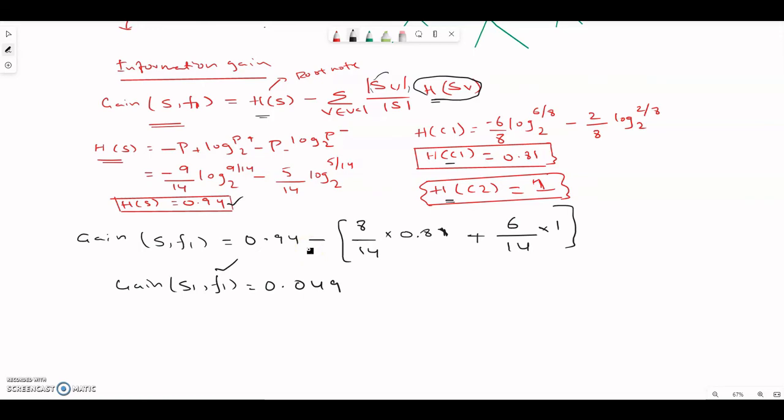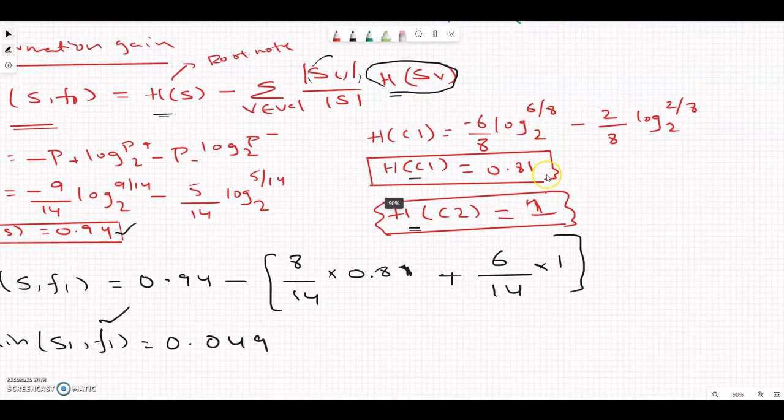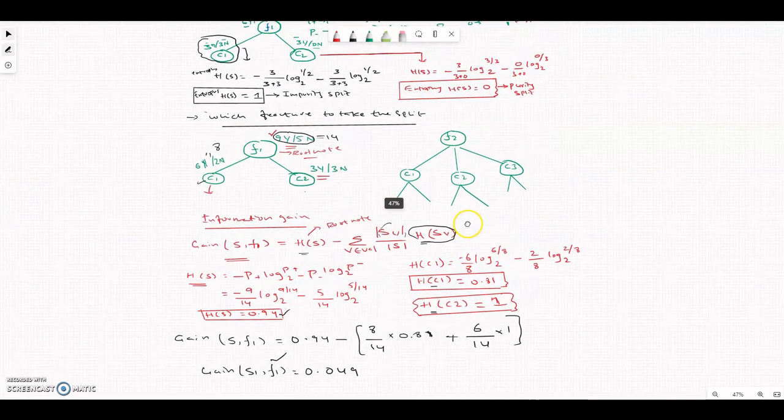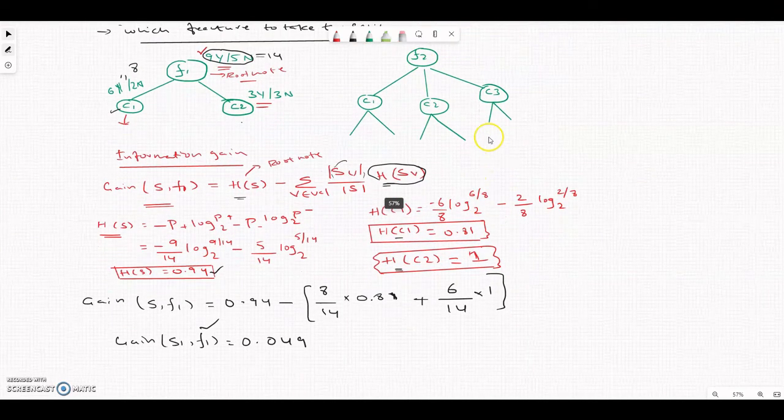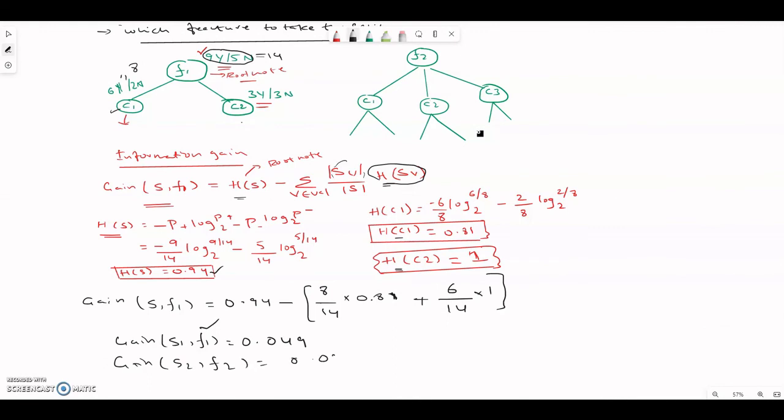Now let us not go and calculate for feature F2, but let us assume that feature F2 has a gain of 0.051. Suppose we have got this value for feature F2.